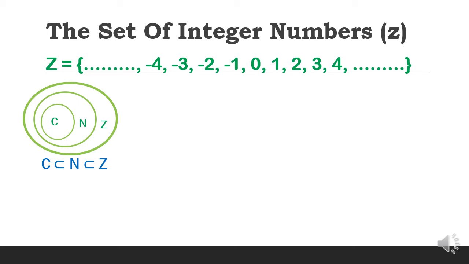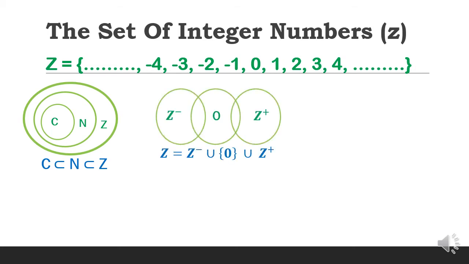Then we have counting numbers a subset of natural numbers, and natural numbers a subset of integer numbers. Its symbol is Z. We can say negative numbers union 0 union Z positive.